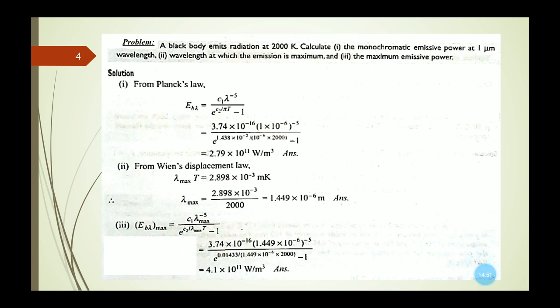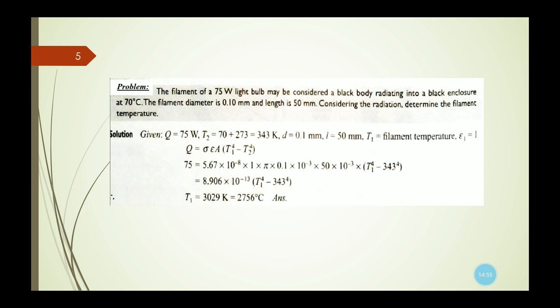So let us move to the next numerical. The question says that the filament of a 75 watt light bulb may be considered a black body radiating into a black enclosure at 70 degrees centigrade.